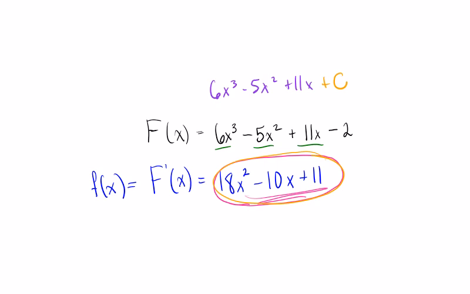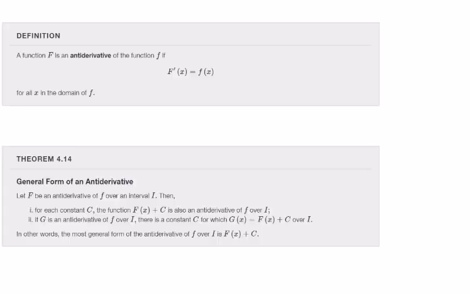All right. So the antiderivative is basically the reverse of the derivative. Here's some of the math terminology, the technical terms, but this is just saying the same thing. The function capital F is the antiderivative of lowercase f if F prime equals little f, right?